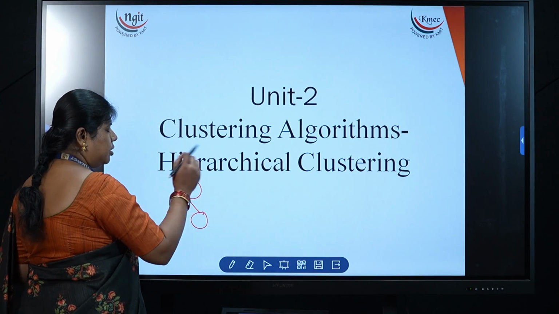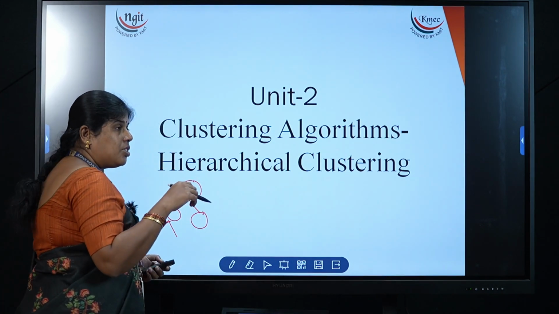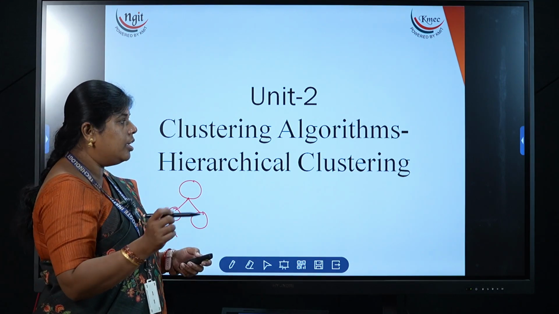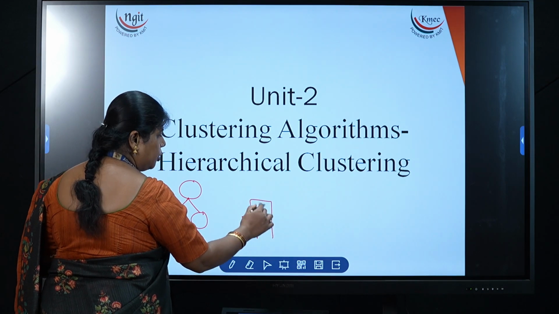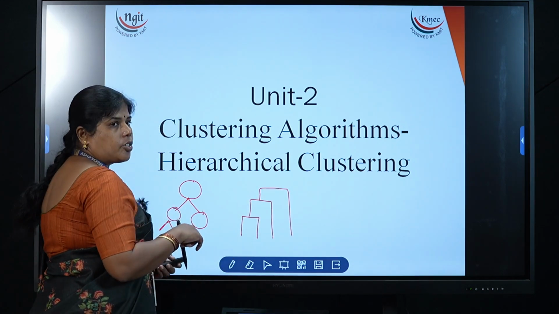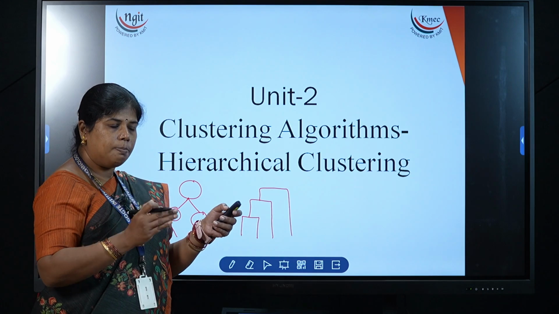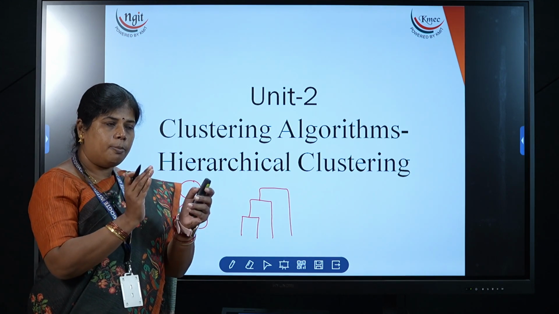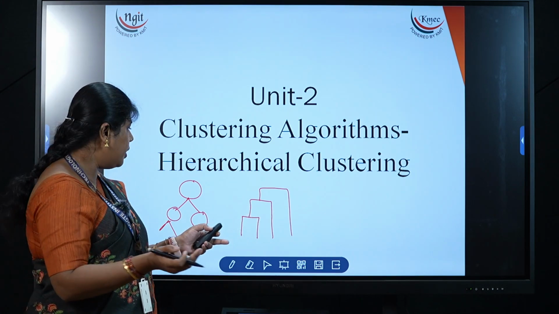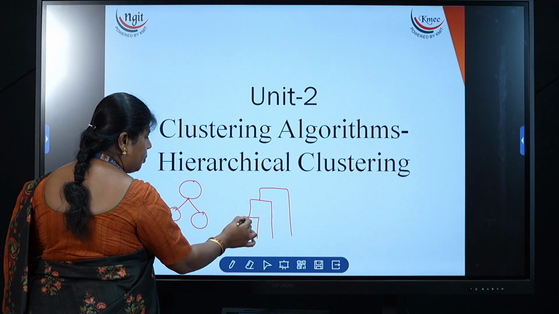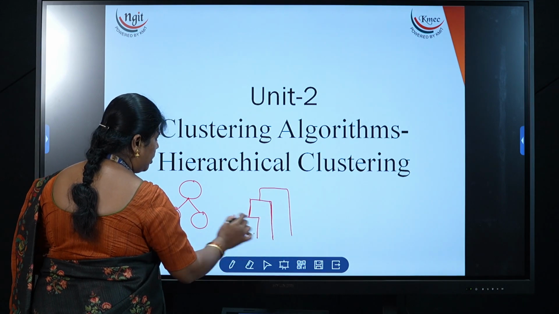And bottom up clustering, which is known as agglomerative clustering, is one in which we form a dendrogram-like structure. In bottom up, you put the branches of a particular root together. So these two branches will be put together and joined with the corresponding one.